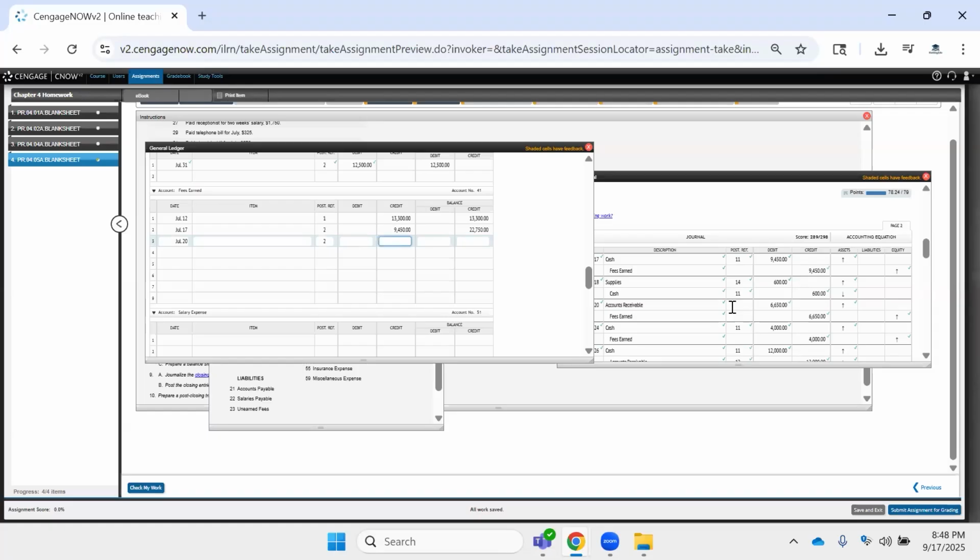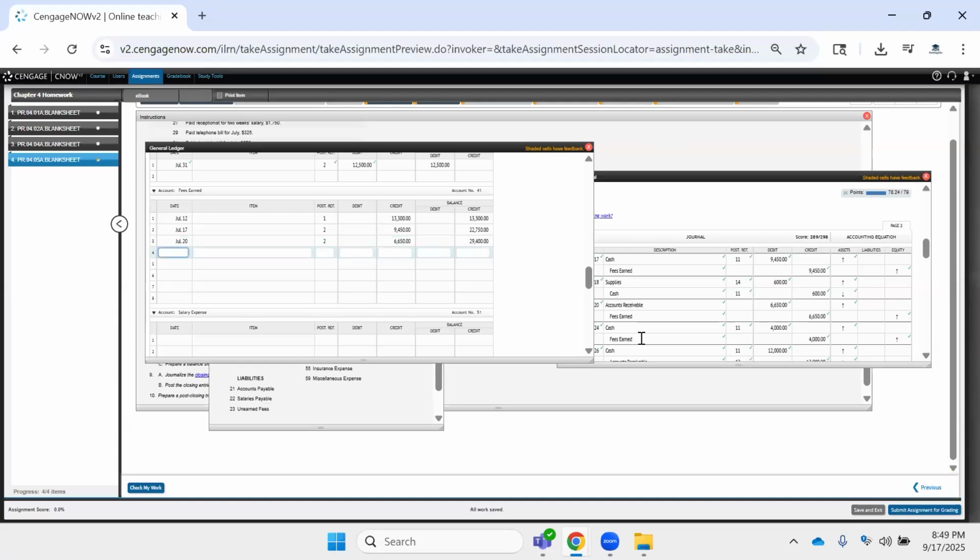And then we have our other fees earned entry here of 6,650 on the 20th. Yeah, another page 2 entry, and that puts our total at 29,400.